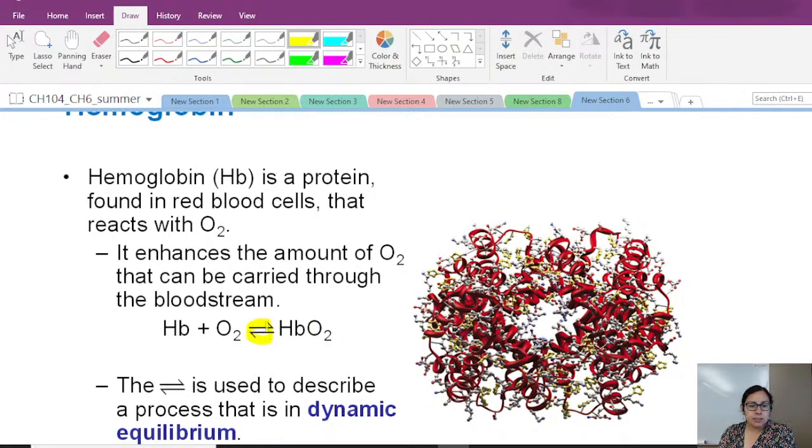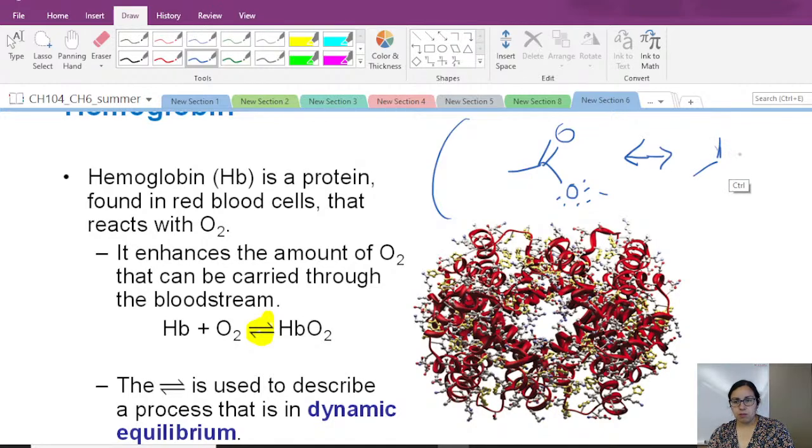And so notice our equilibrium arrows. This is different from, for example, resonance arrows. Resonance shows electron movement, while equilibrium is saying you have some sort of change in process.